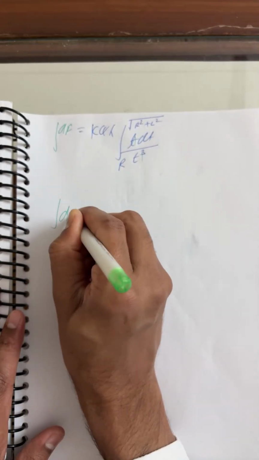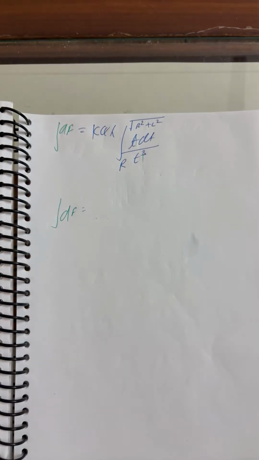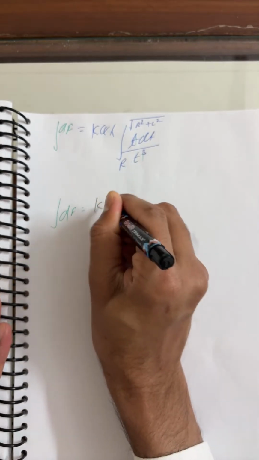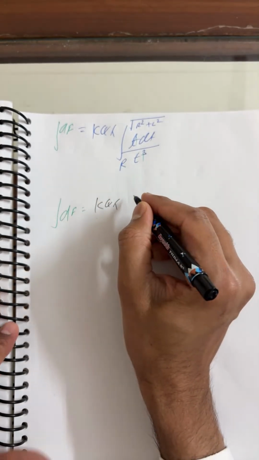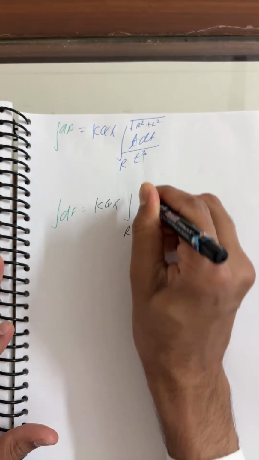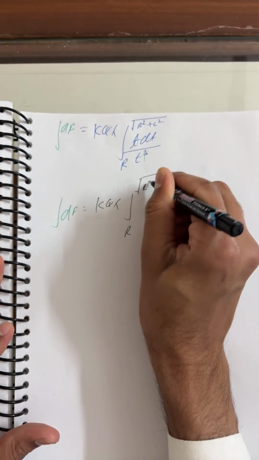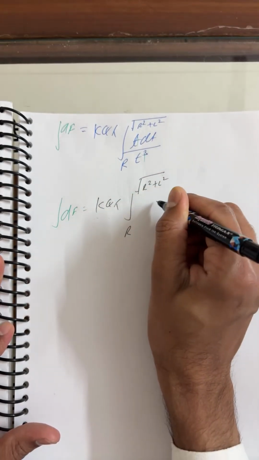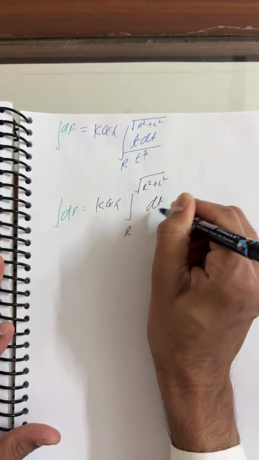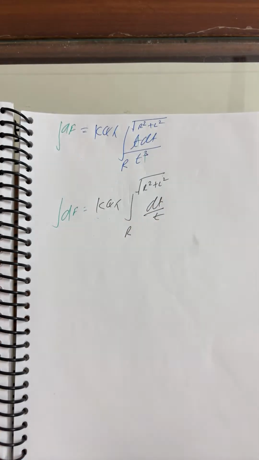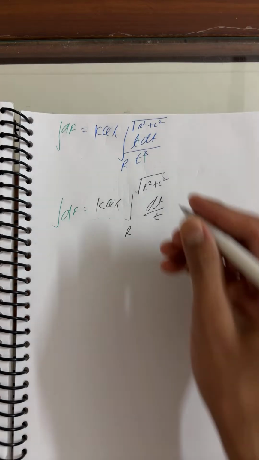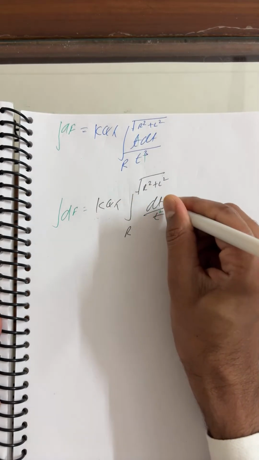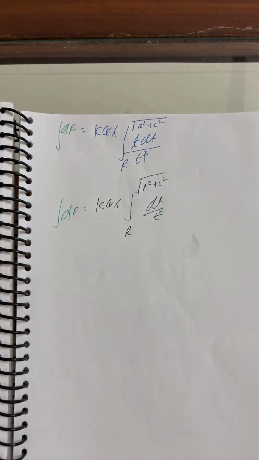So integrate both sides. So students, df you can write, this is k q lambda, R to R square plus L square, dt by t square. Cancel it, dt by t square.